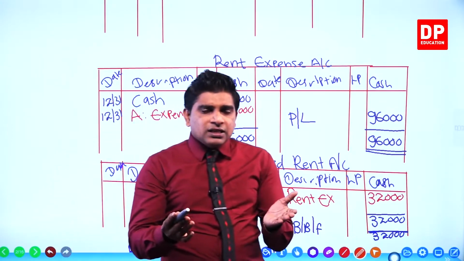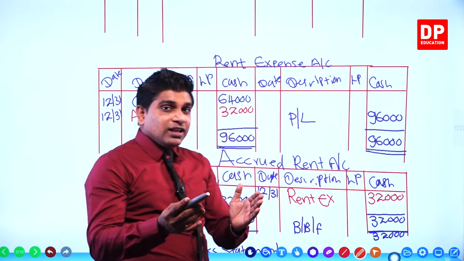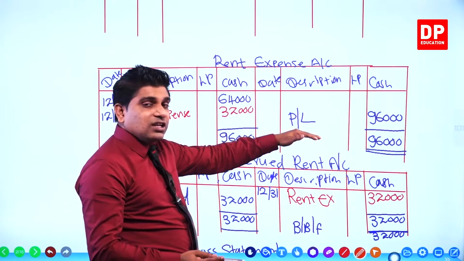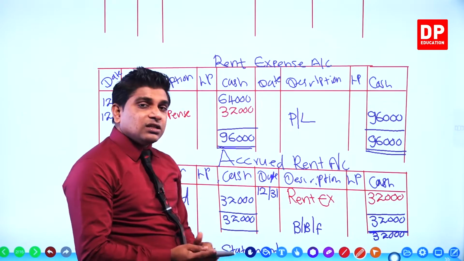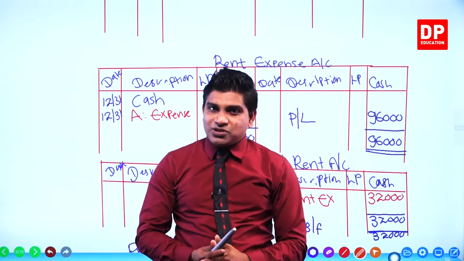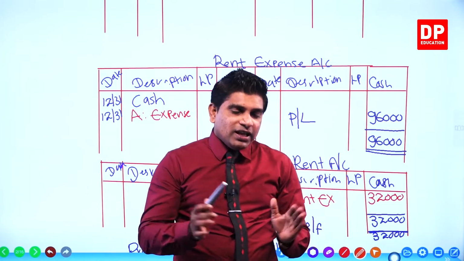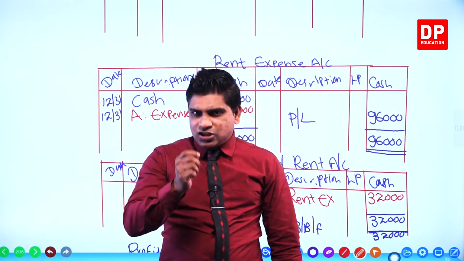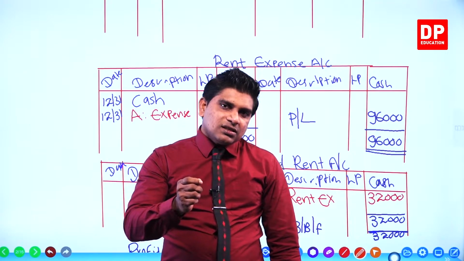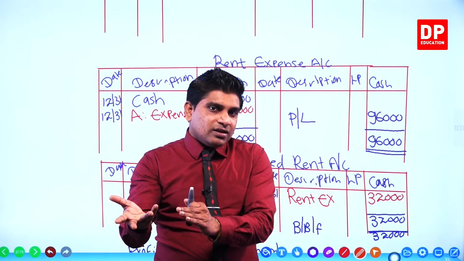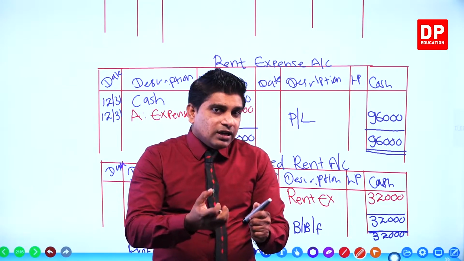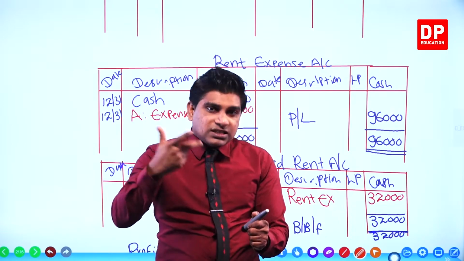Sometimes you may think, this difference you transfer to the profit and loss statement, can't you transfer this balance to the statement of financial position? No. Why? Income and expenses we never bring to the next accounting period. We bring only net profit or net loss to the next accounting period.